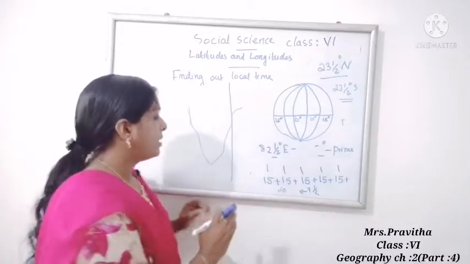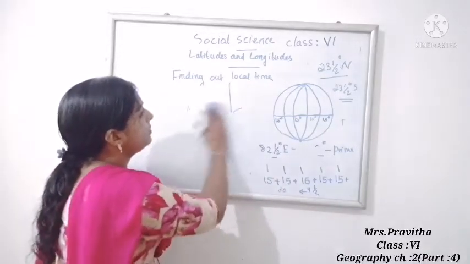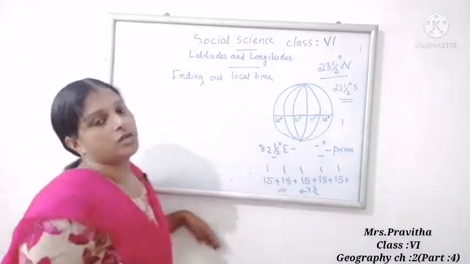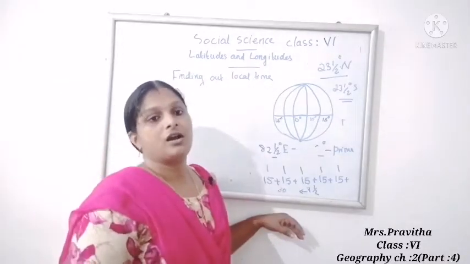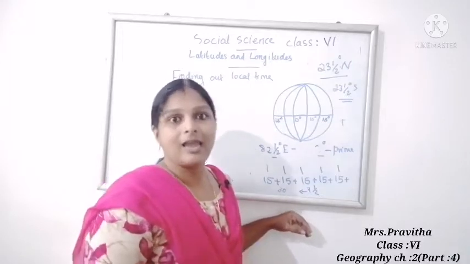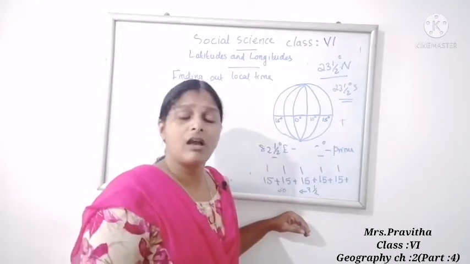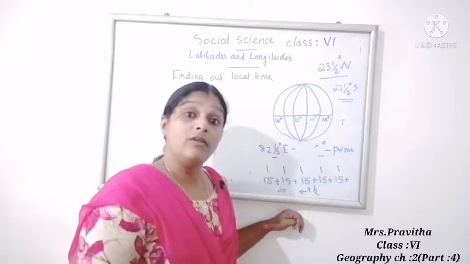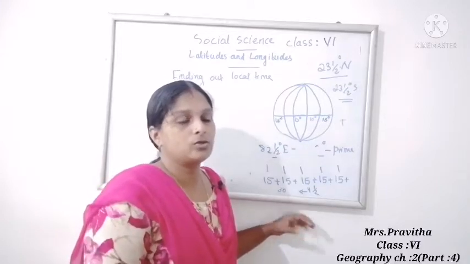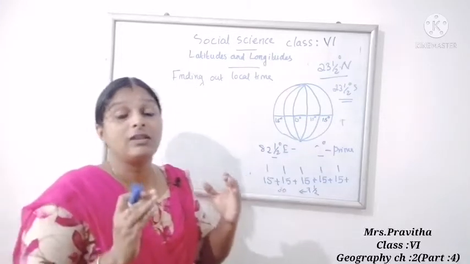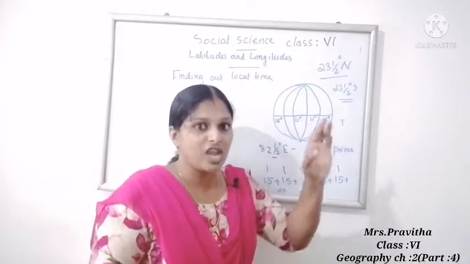So children, now ma'am has taught you about India. Now we will look at some large countries. You know, Russia, then USA, Canada, China. These are all large countries. In Russia, 11 longitudes are passing. So for such countries, it will be difficult to take a standard meridian.